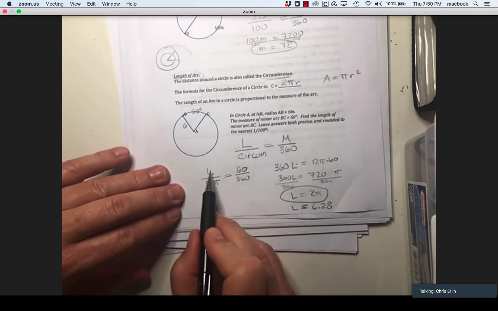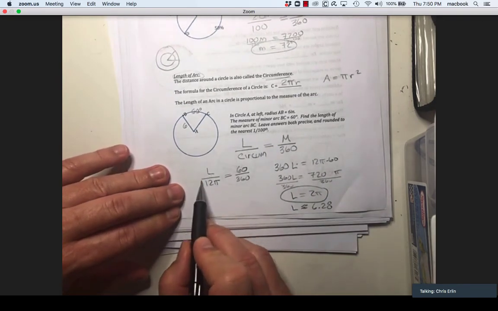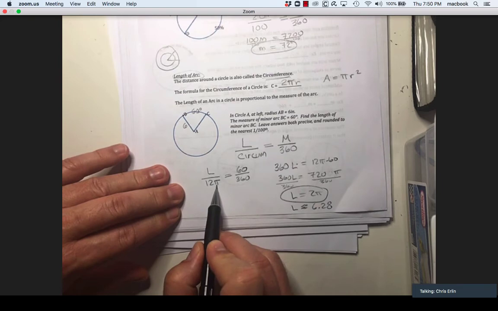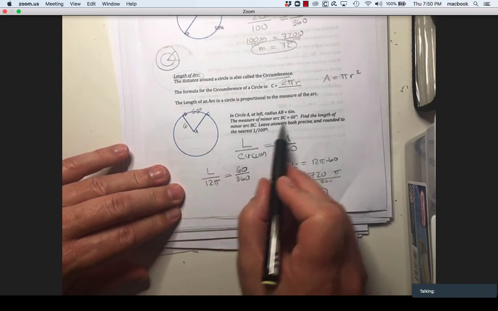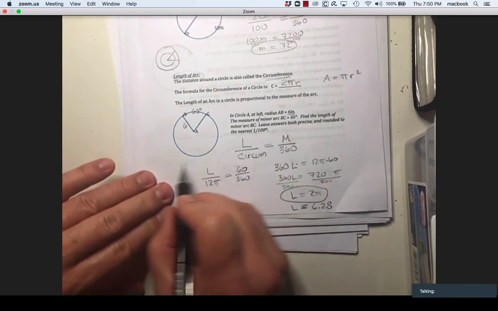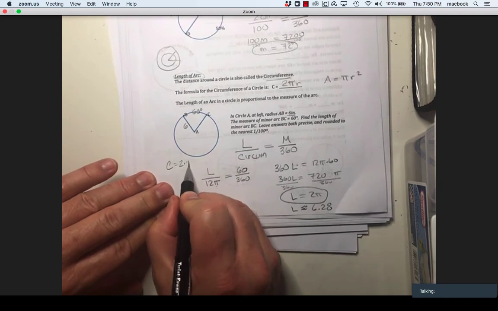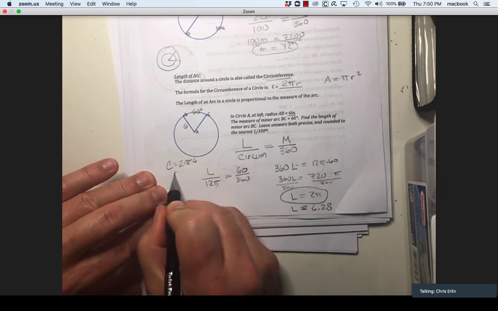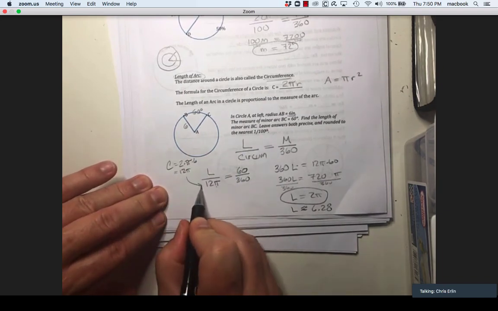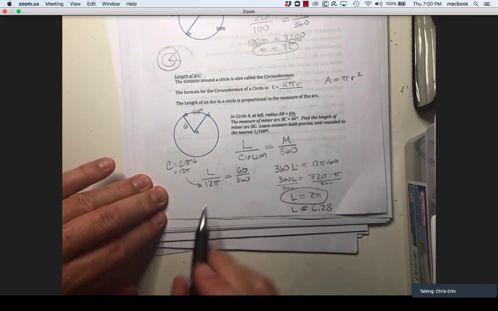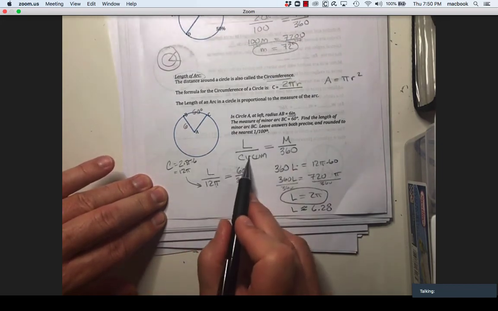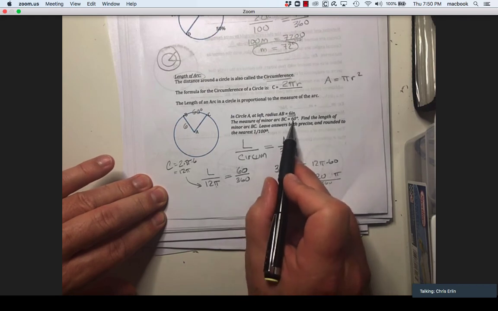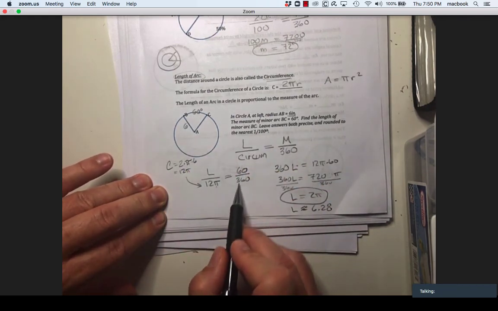So in this problem, to find the length, for example, we'd say the length is to 12 pi, because the circumference equals 2 times pi times 6, which is 12 pi. And that's what we plug in there. Length is to 12 pi as the measure, 60 degrees, is to 360.